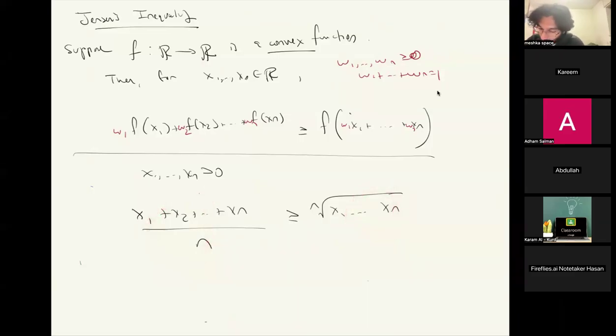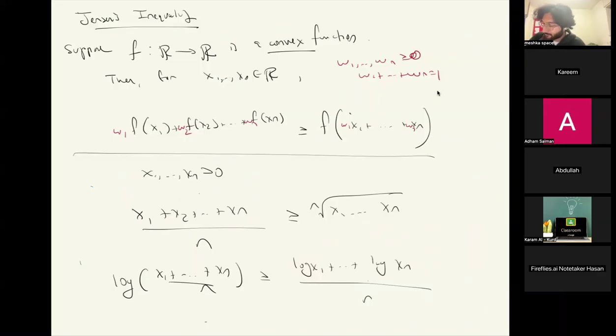If we take log, this becomes log of (x1 + ... + xn)/n is greater than or equal to 1/n times, let's write it in a better way, (1/n)(log of x1 + ... + log of xn). Log means log base e.